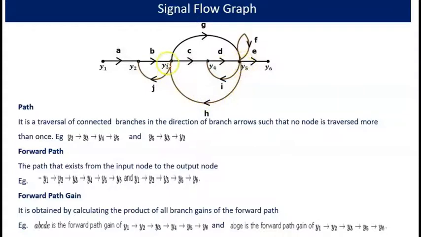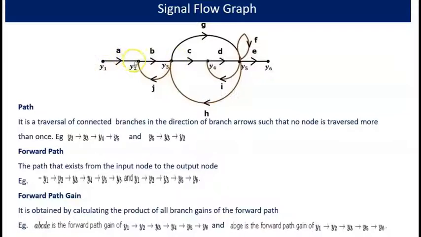Y5, y3, y2 is another path. So many paths are there in this case. Y2, y3, y5, y6 is another path. The condition is no node is traversed more than once.